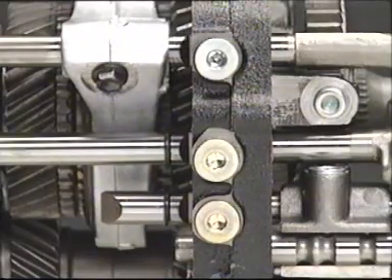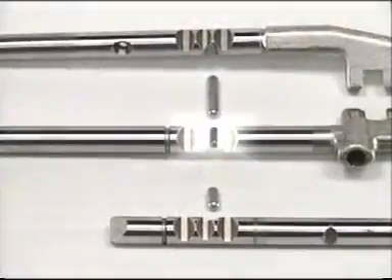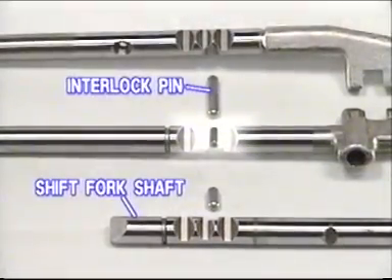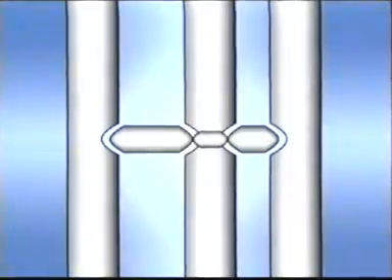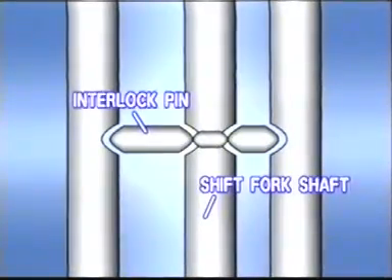The central shaft has two slots, and each of the two other shafts has one slot. An interlock pin is inserted between the two slots facing each other. With the neutral gear position, there is a gap between the central slot and the interlock pins.